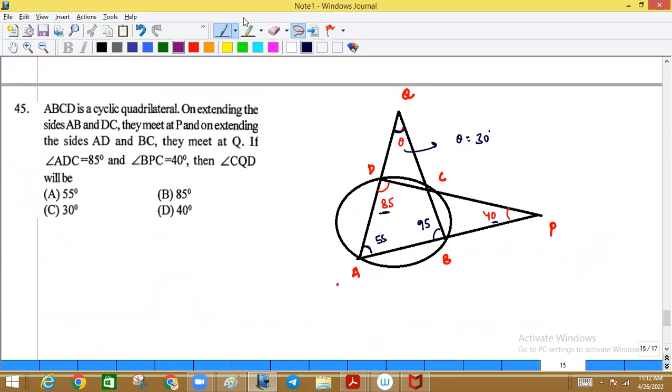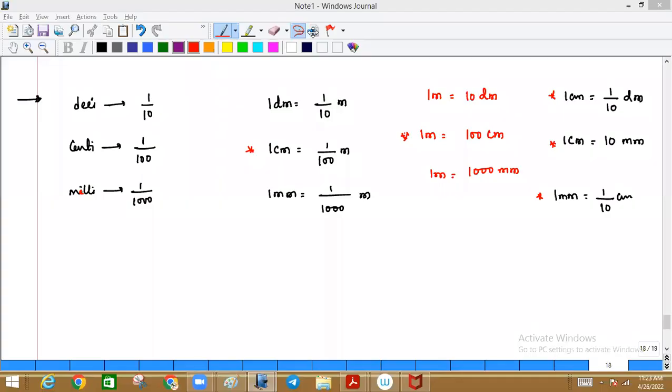Copy them. Whenever they say decimeter, centi or milli, deci means 1/10, not only for meter, it is for everything. Deci means 1/10, centi means 1/100, milli means 1/1000.